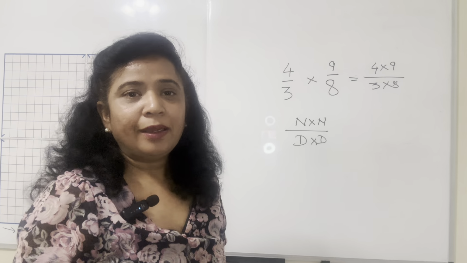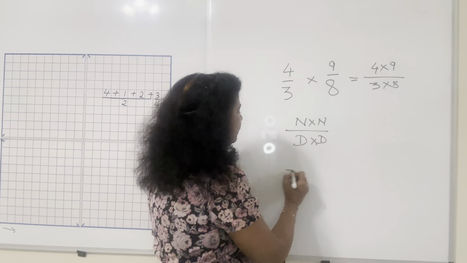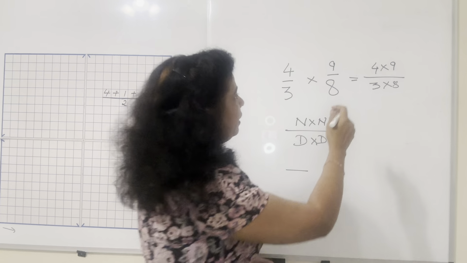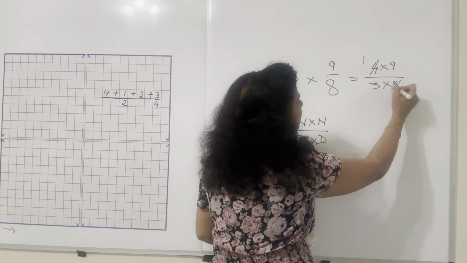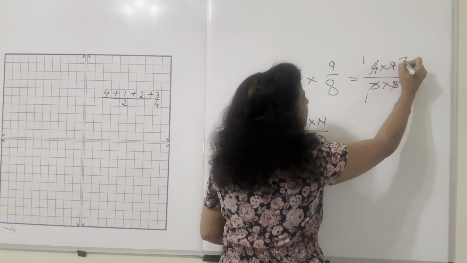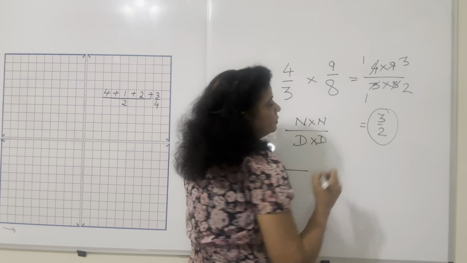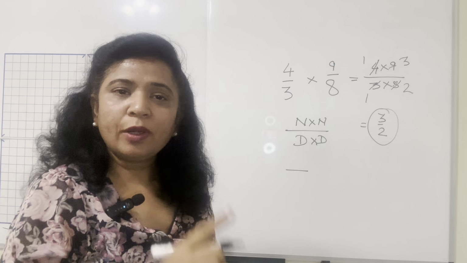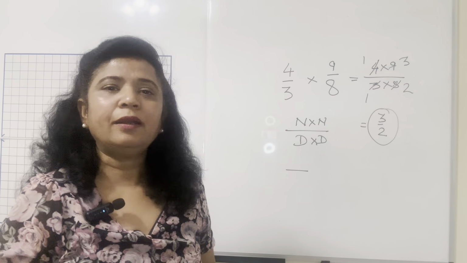Right? But remember, it is division too. So if you see here, you can cancel out, like 4 times 1 and 4 times 2, or 3 times 1, 3 times 3. So it is 3 over 2. So you can always divide out with a common number, numerator and denominator.